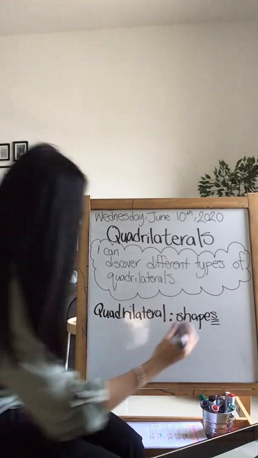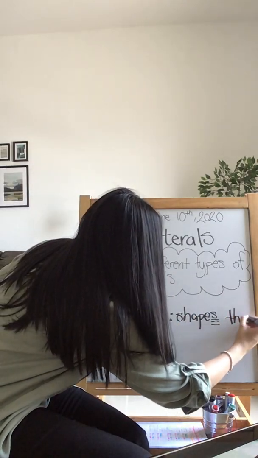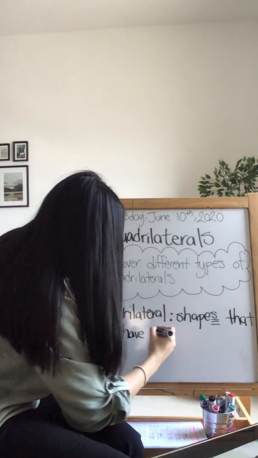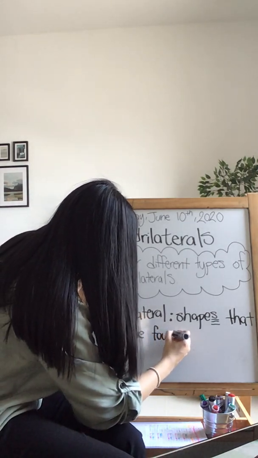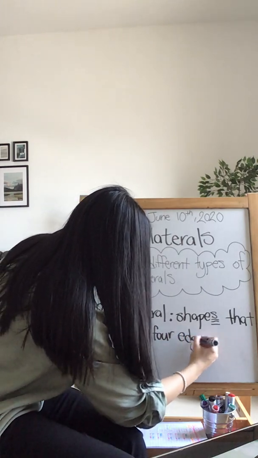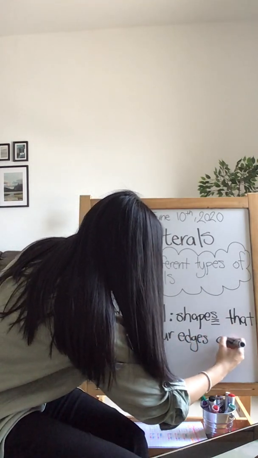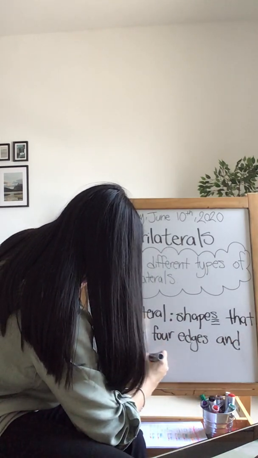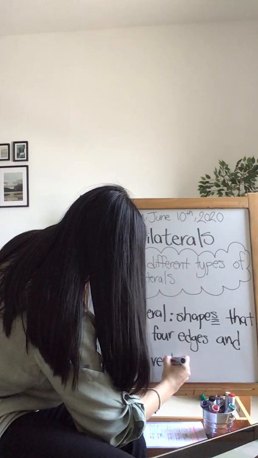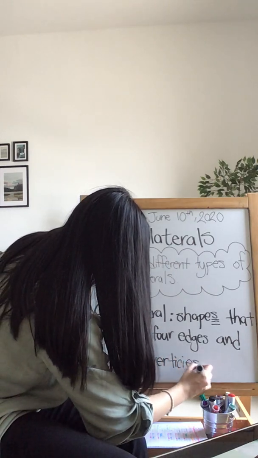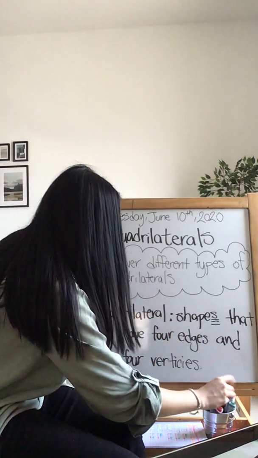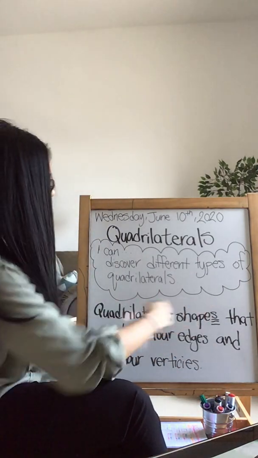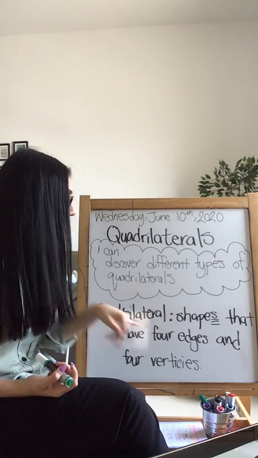So shapes that have four edges and 4 vertices. And let's do a quick recap, so we should know what that means. So quadrilaterals are any shapes that have 4 edges and have 4 vertices.